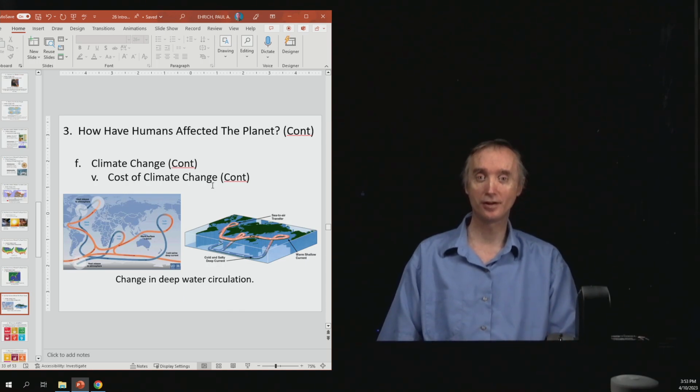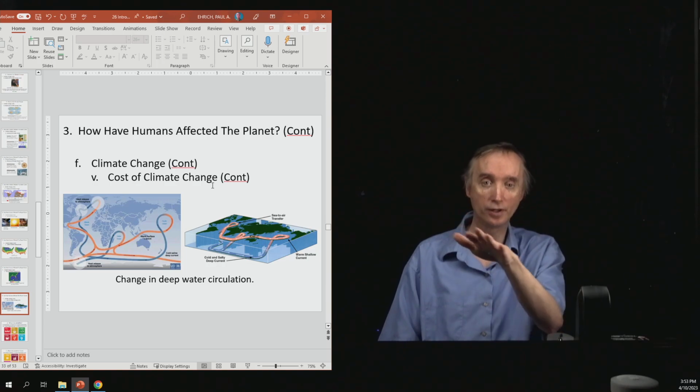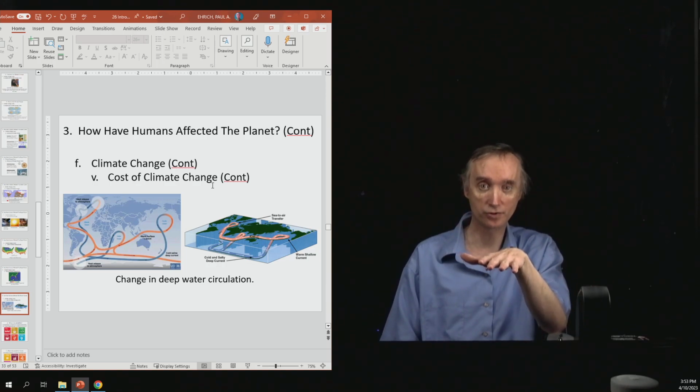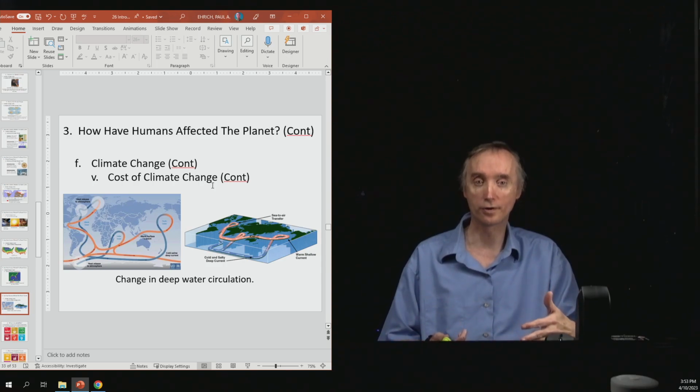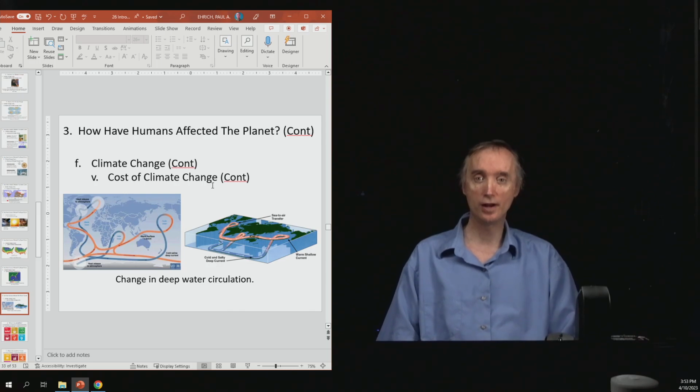So, depending on how you look at it, it could cause more cold water to be flowing along the bottom of the ocean, and it also could be causing more warm water to be flowing at the surface. And so we don't have a clear idea of how this could affect the climate, but it certainly could.